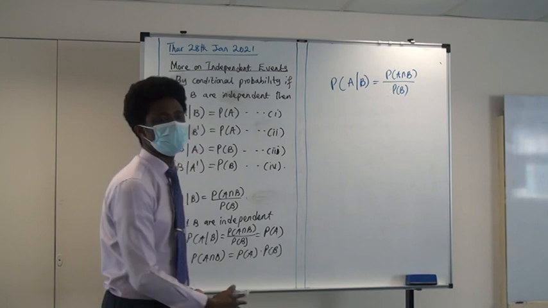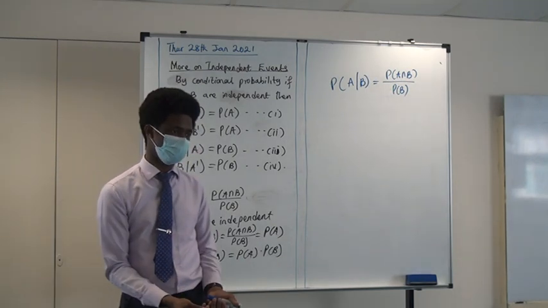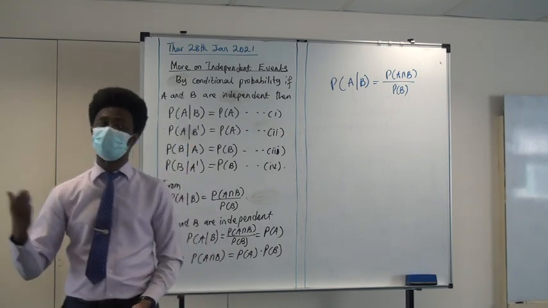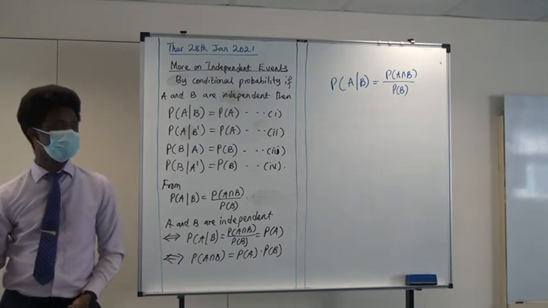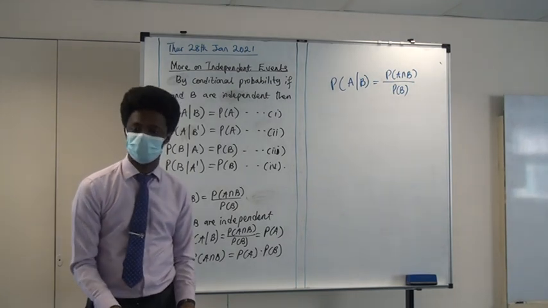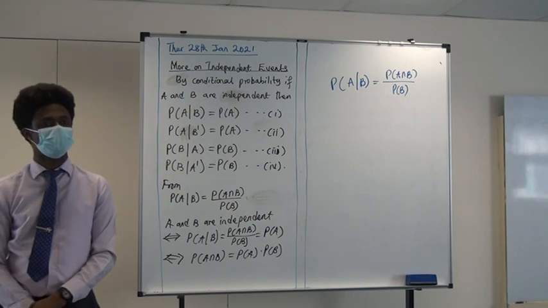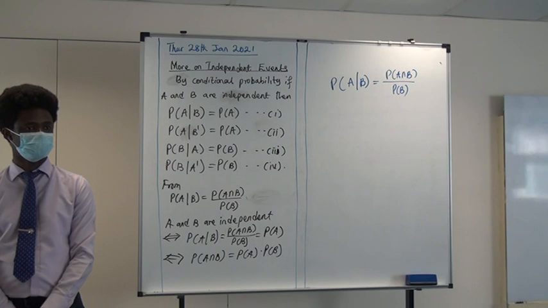So this is the formal way you can show me. According to conditional probability, the probability that A occurs, given that B had occurred, will be this fraction. And if A and B are independent, this is going to lead to probability of A. Then you cross multiply and boom, that's what you want to get.